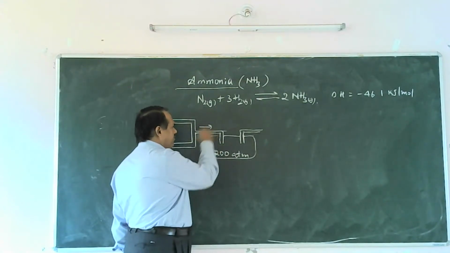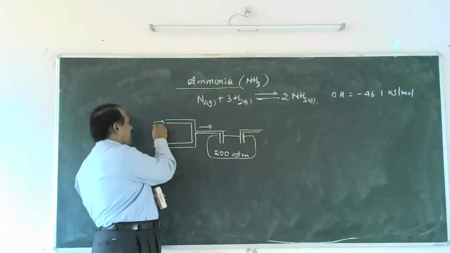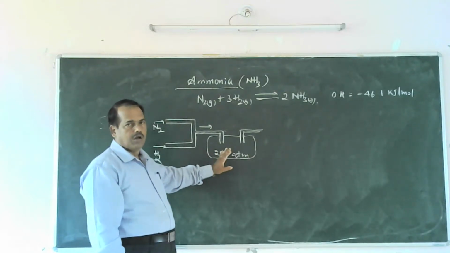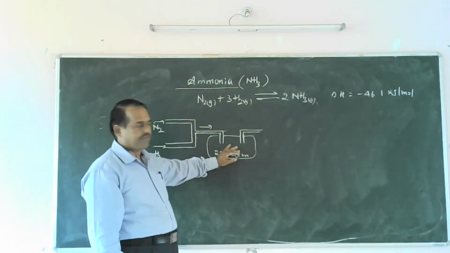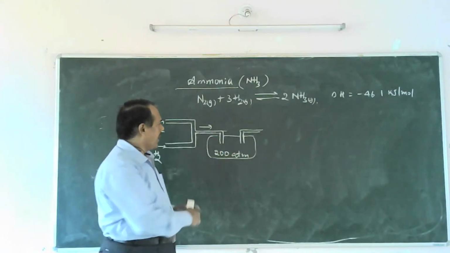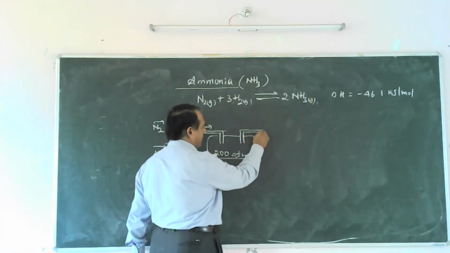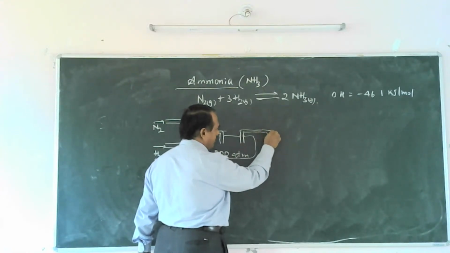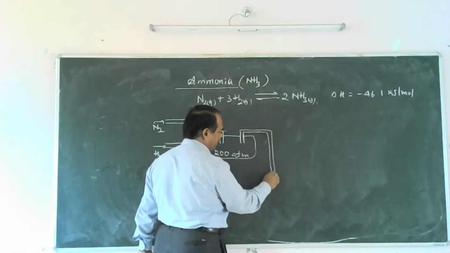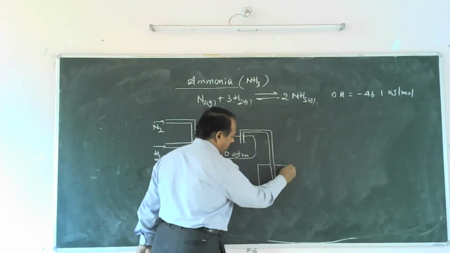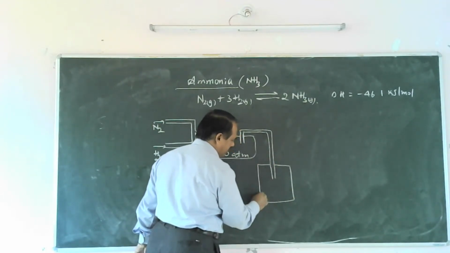So this dinitrogen gas and dihydrogen gas is passed. We have a rough sketch. And this is passed through a catalytic chamber. So this is nothing but a catalytic chamber.